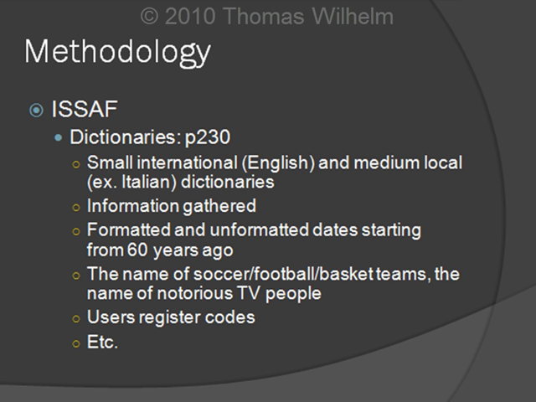Also, they say the names of soccer, football, basketball teams. That includes the players. That also includes players who are no longer playing, but have made a note in the history of that sport. So you'll want to include people like Wayne Gretzky and whoever else is popular based on the interests of your targets.